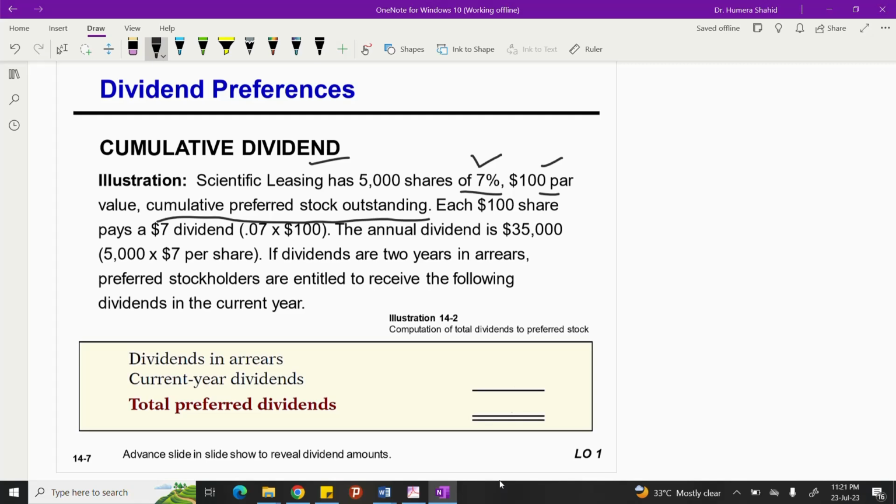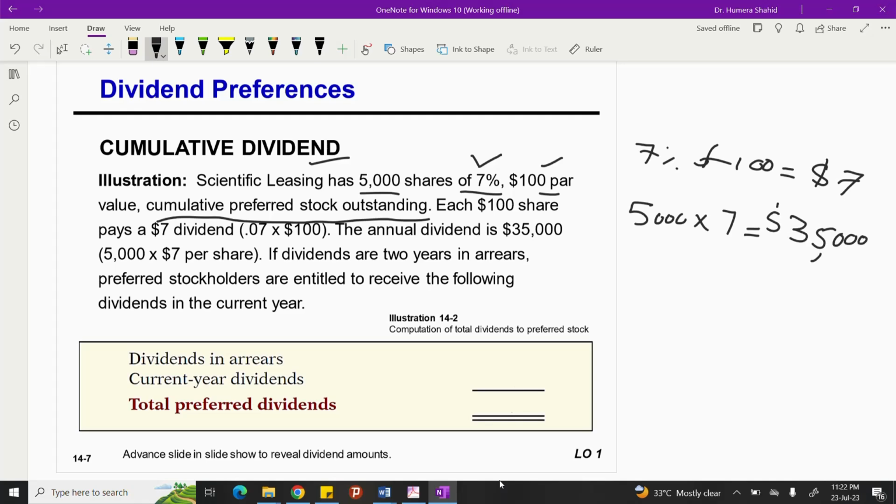What is the per share dividend? 7% of 100, that is $7 per share. Here it's also written each $100 pays $7 dividend. The annual dividend will be how much? How many shares do we have? 5,000 shares. Per share dividend is 7. So 35,000 is the dividend for all the preferred stockholders. The annual dividend is 35,000.